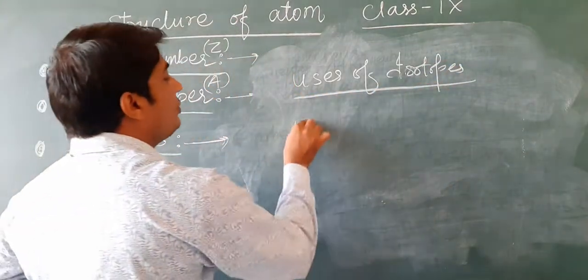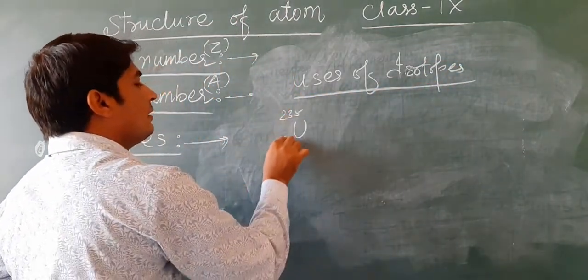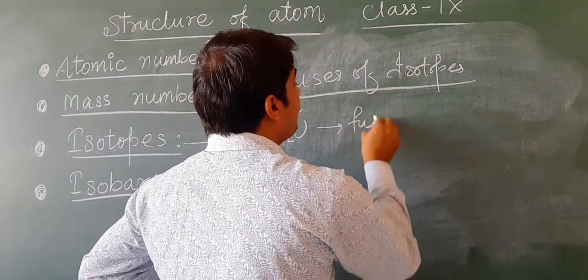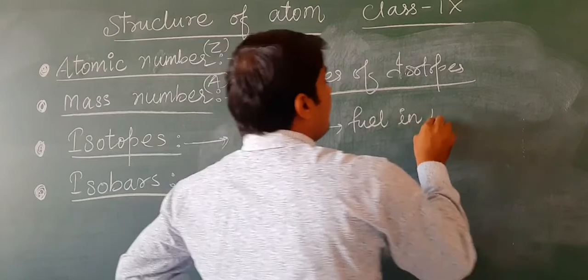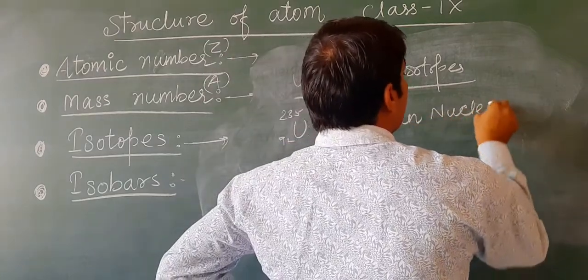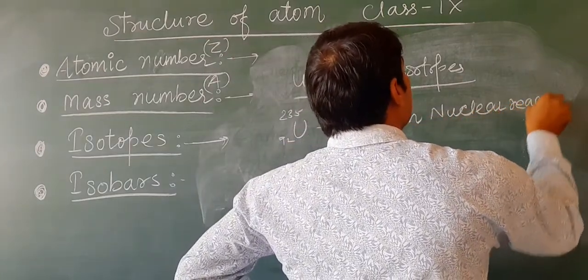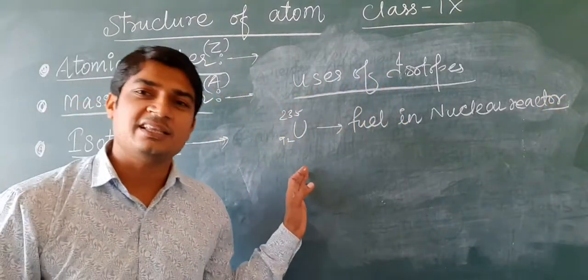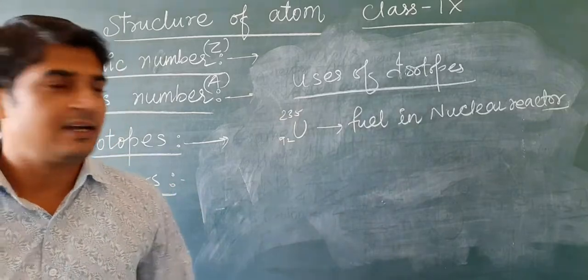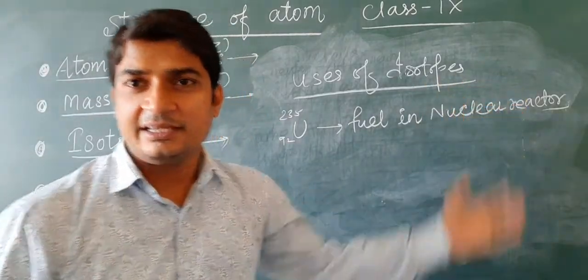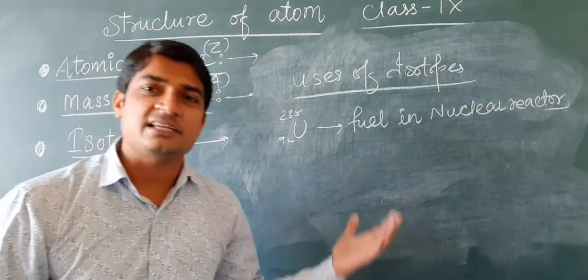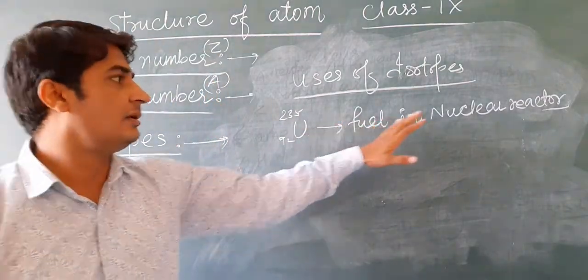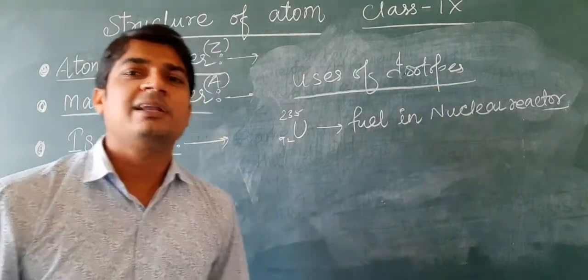We have heard about uranium. Uranium isotope is used as a fuel in nuclear reactors. It is used as fuel inside nuclear reactors, and later it can be used to produce electricity. A large amount of energy is released, as you have already heard, nuclear energy.